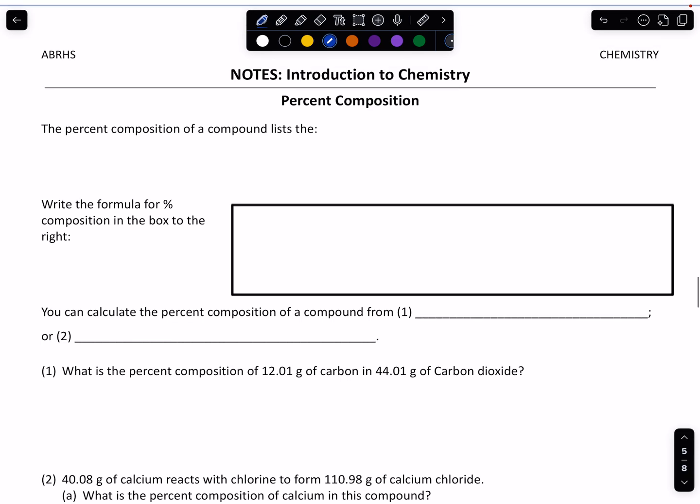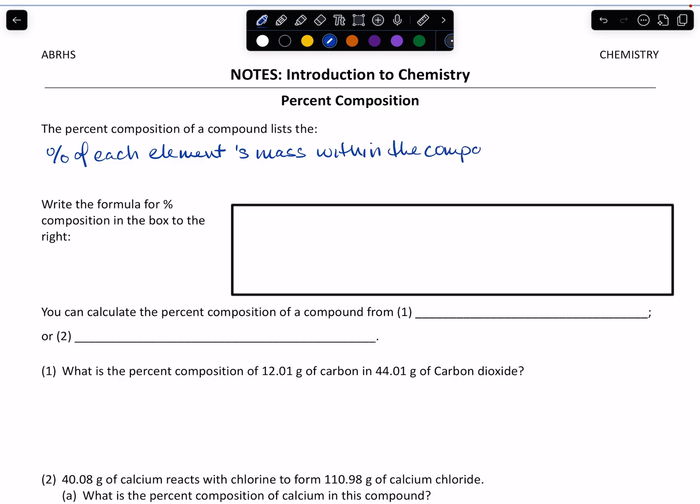The percent composition of a compound lists the percentage of each element's mass within the compound. So the percentage by mass of each individual element within that particular compound's formula.